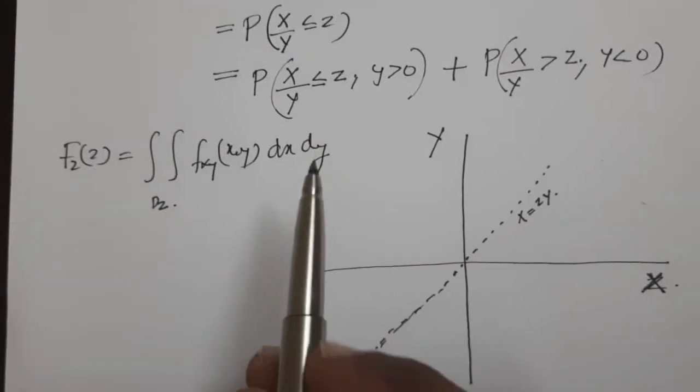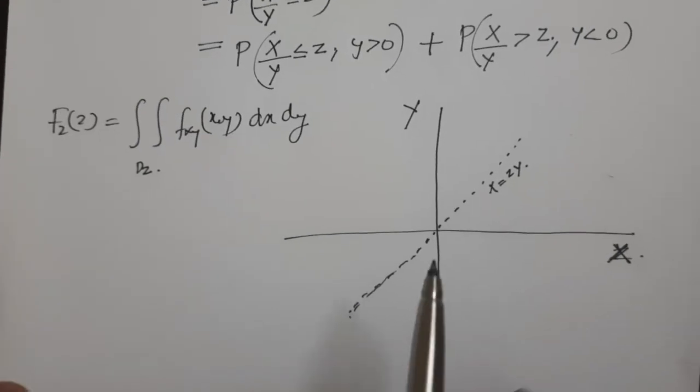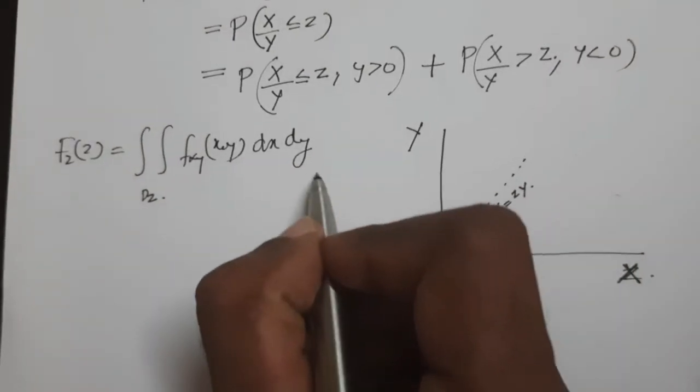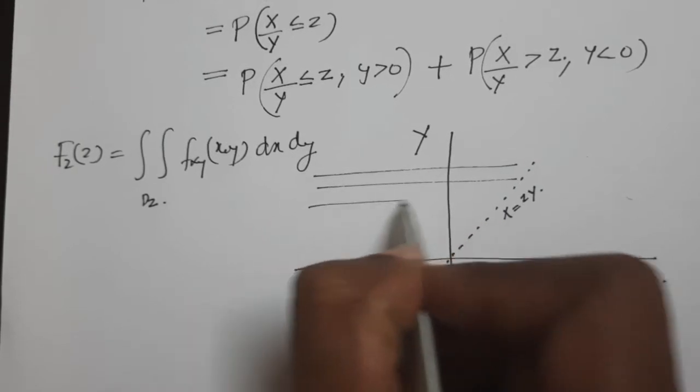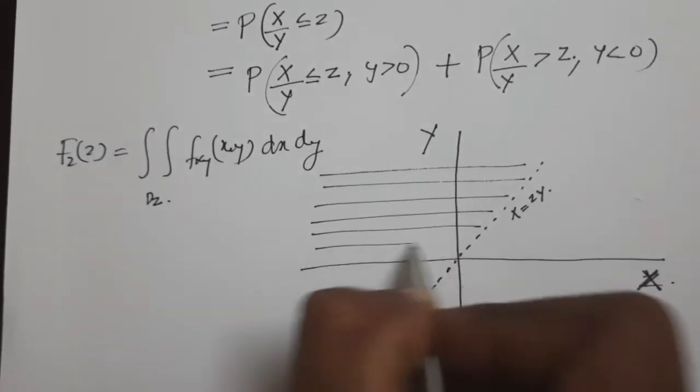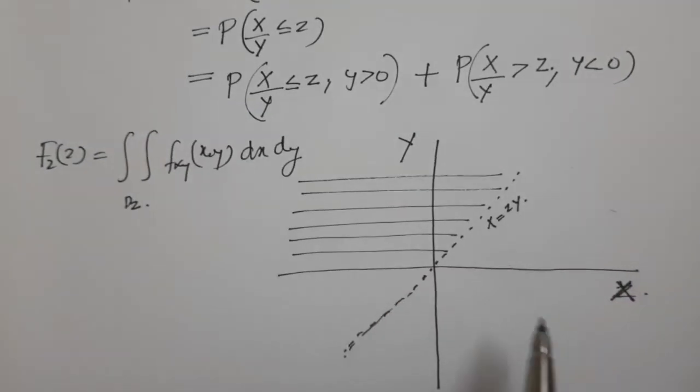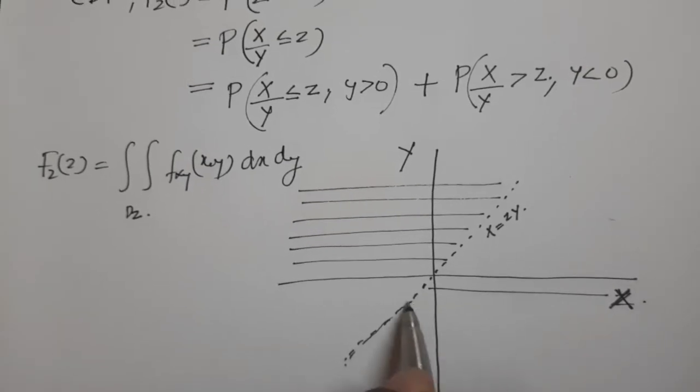So what is the area of interest now? For y greater than 0, this is our area of interest for positive y. And for negative y, this is the area of interest.